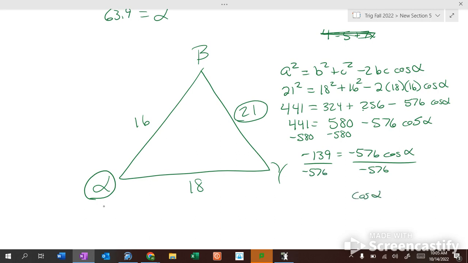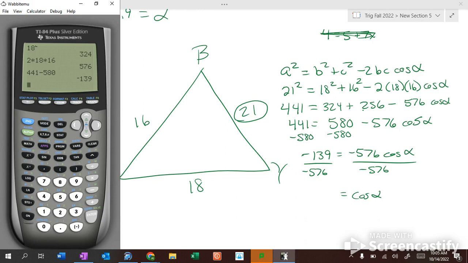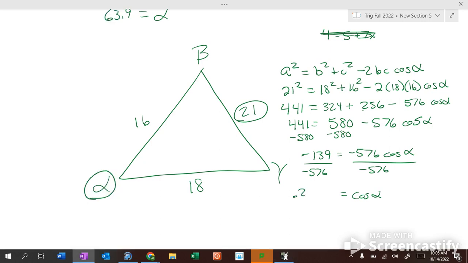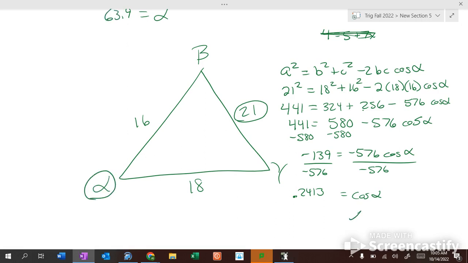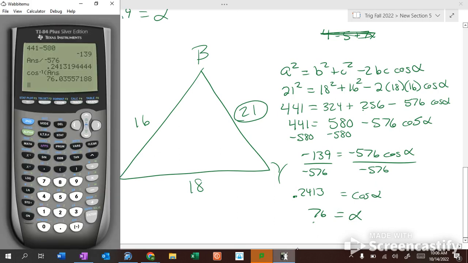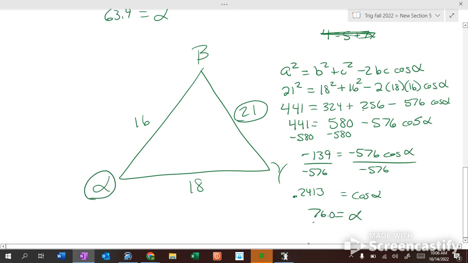Cosine of alpha equals 0.2413. So do the inverse cosine of the answer, second cosine, second answer, and you get 76 degrees. 76, yep, 0.0 degrees.